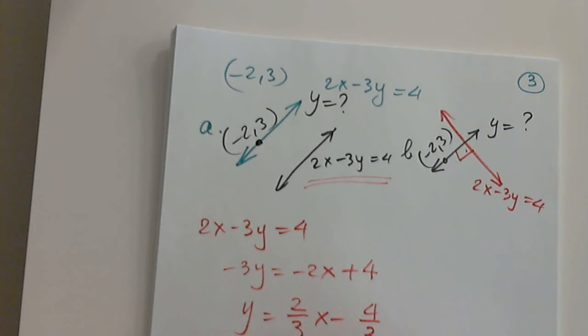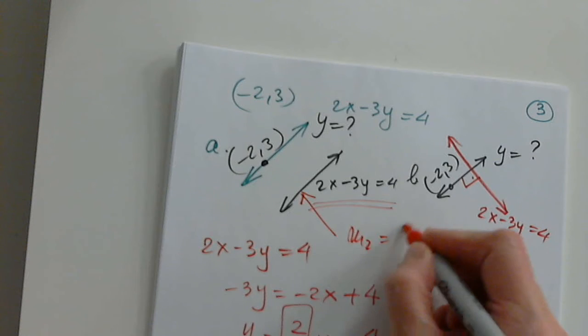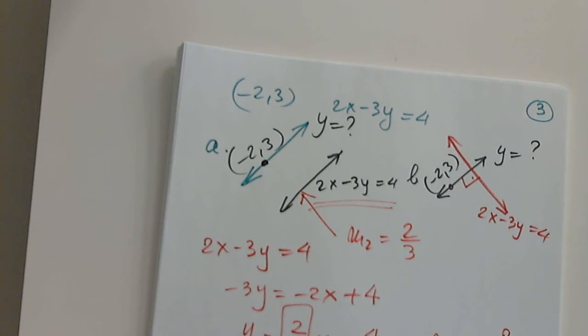Now we know that the slope of the line that is given to us, I'll call it M2, is 2/3. So this line has the slope 2/3. That means that the green line that I'm trying to find the equation for must have the same slope, because the lines are parallel.